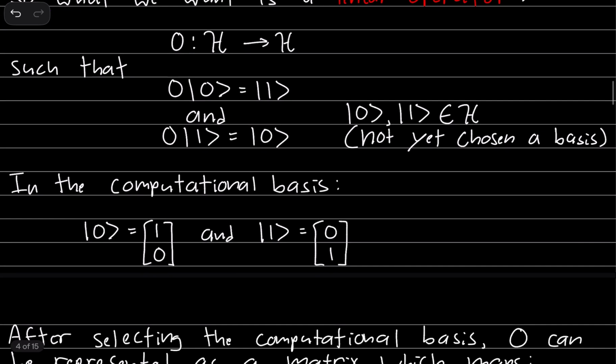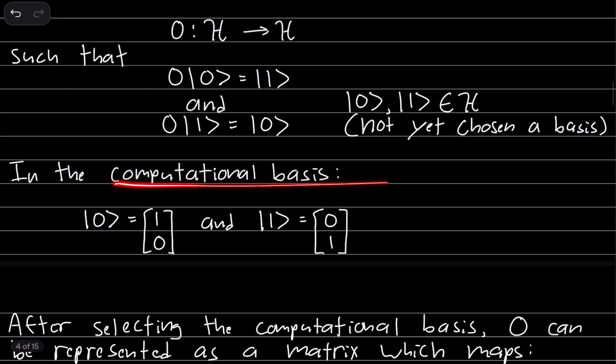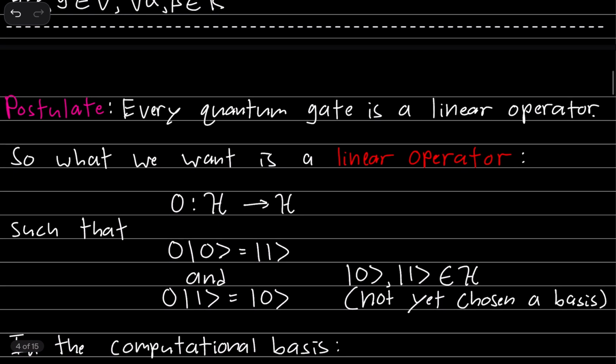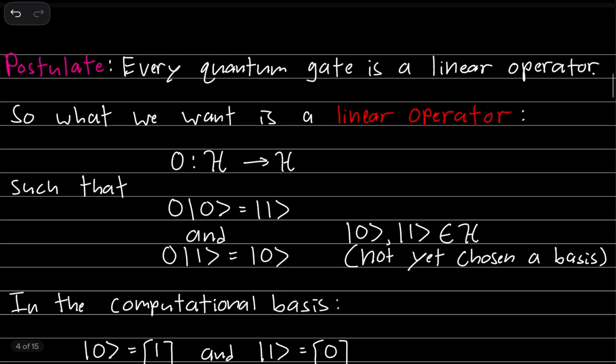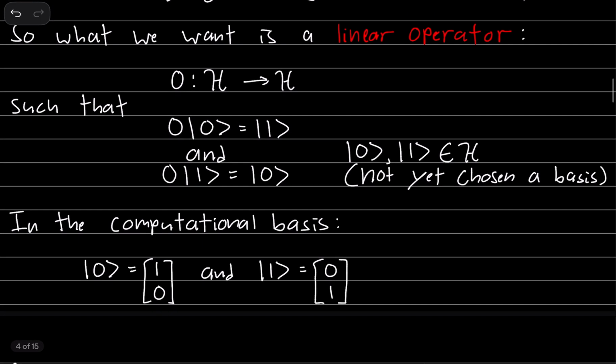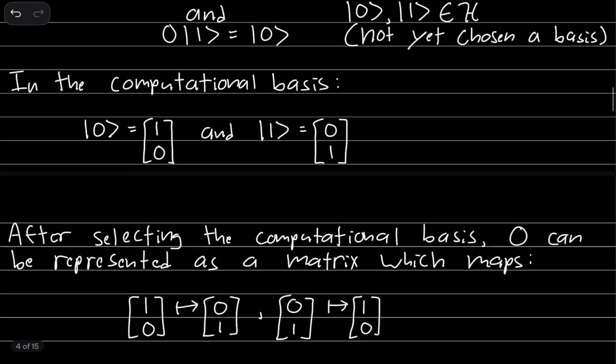When we choose the computational basis, that is when ket 0 becomes this vector and ket 1 becomes this vector. Just an important distinction. I struggled with grappling with this idea for a very long time, so I hope this makes it a bit more clear.